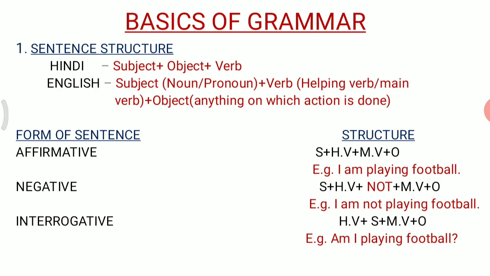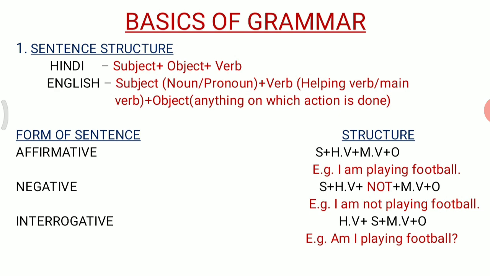What you have to do is simply pick up your helping verb and put it in front of your subject, and then you will get your interrogative sentence. For example, I am playing football. Am I playing football? Here, your helping verb is am. So what you have done is simply placed it in front of your subject I. So it has become your interrogative sentence.